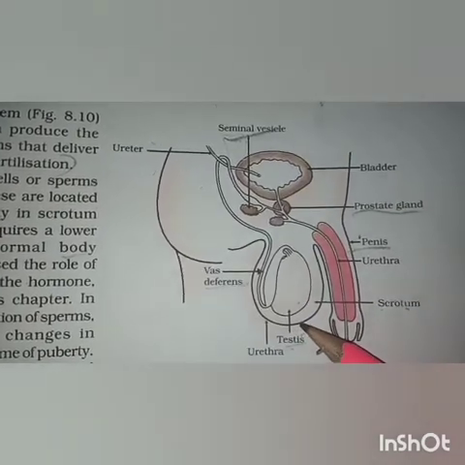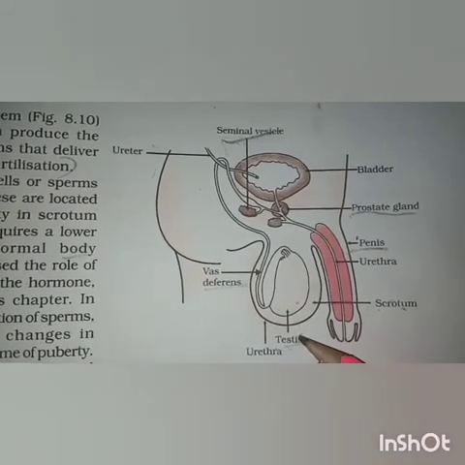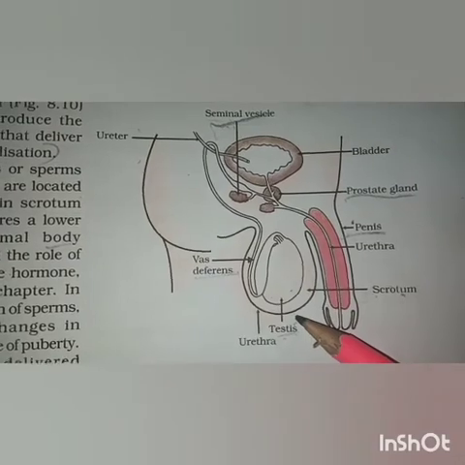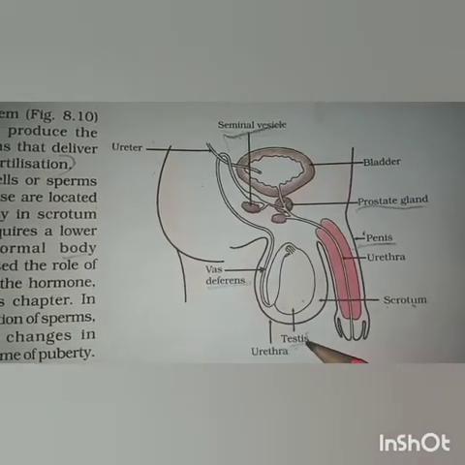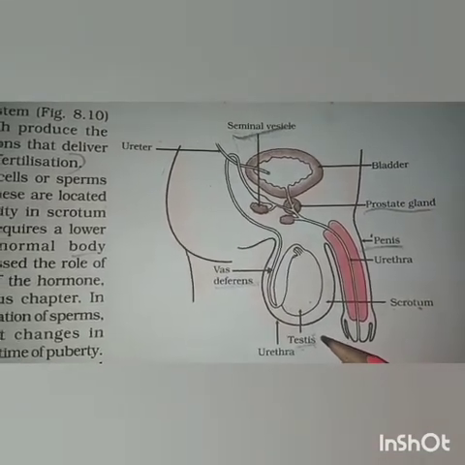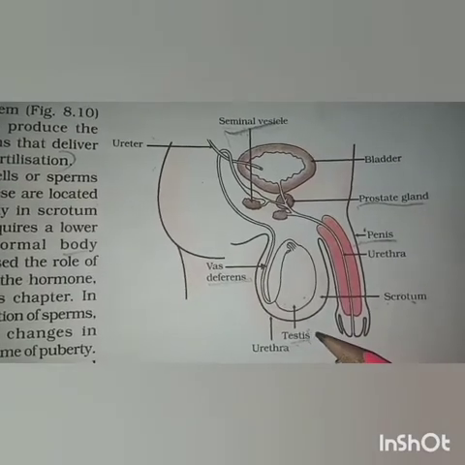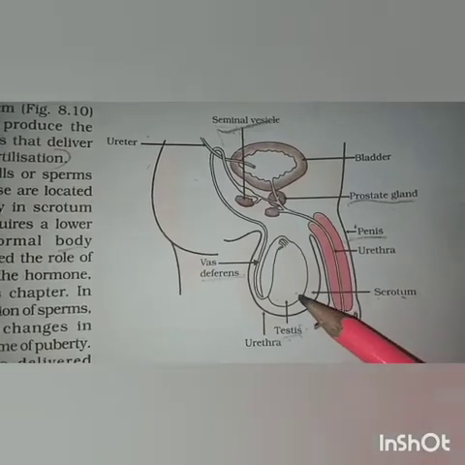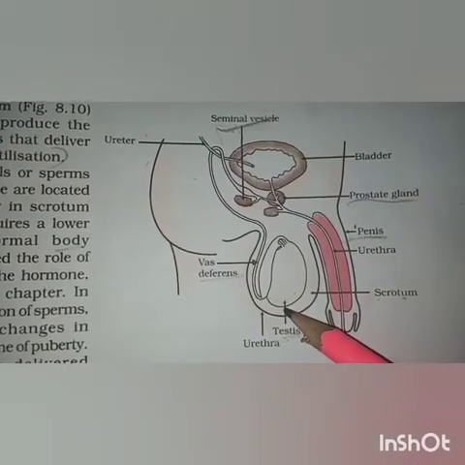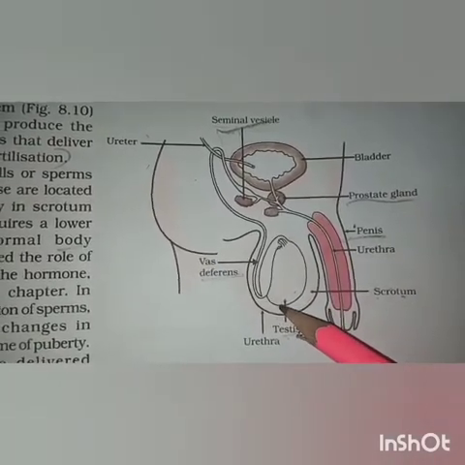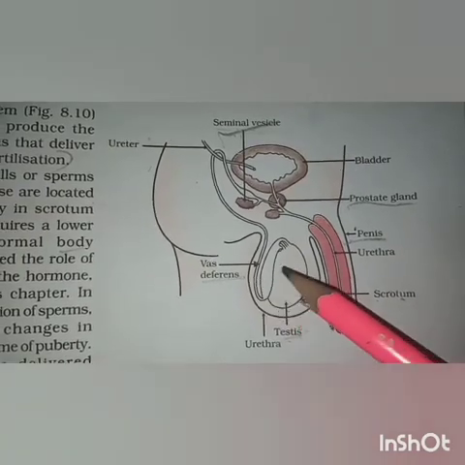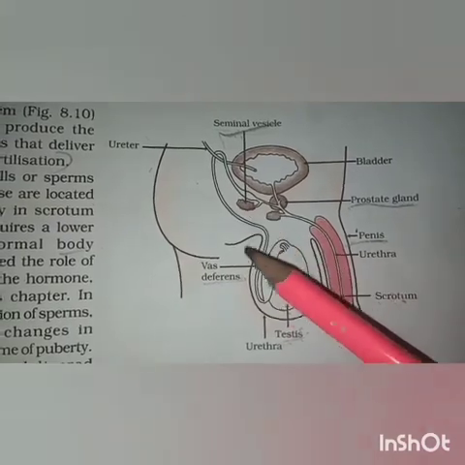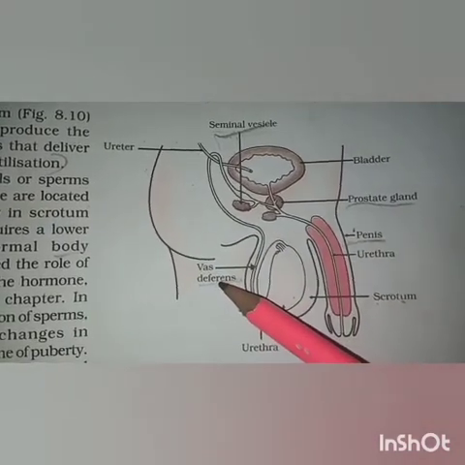And two functions are performed by the testis. The first one we already discussed, that is sperm production. And the second function is to produce the male hormone. What is the male hormone? Yes, testosterone. Then the sperms that are formed inside the testis are delivered through another tube-like structure called vas deferens.